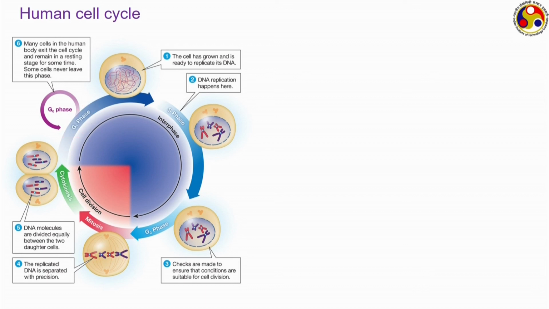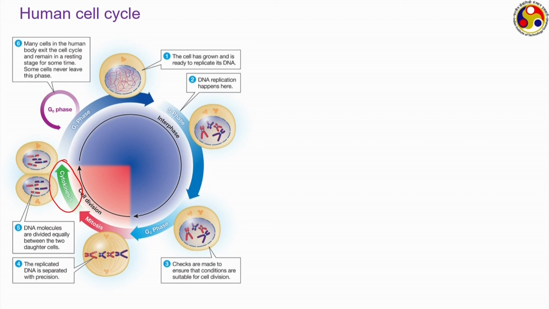Then we come to the G2 phase, where the DNA replication is already done. So, it makes further growth and ensures that it is ready for cell division. And then the most important one, mitosis, during which the cell divides into 2. Cytokinesis is a follow up step of mitosis, sometimes called a part of mitosis itself.